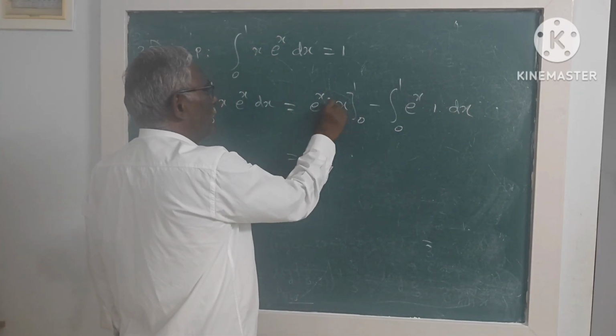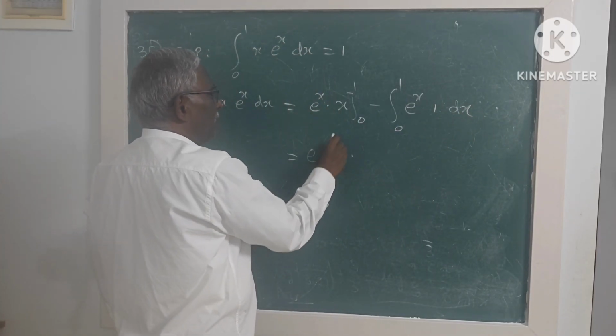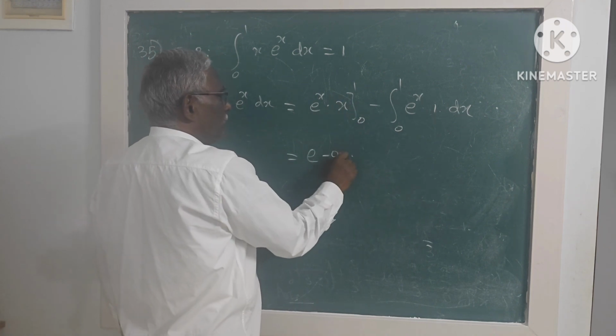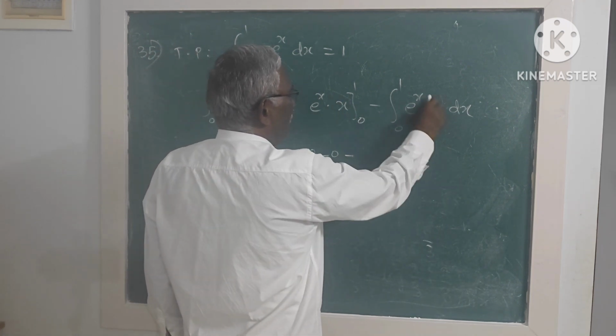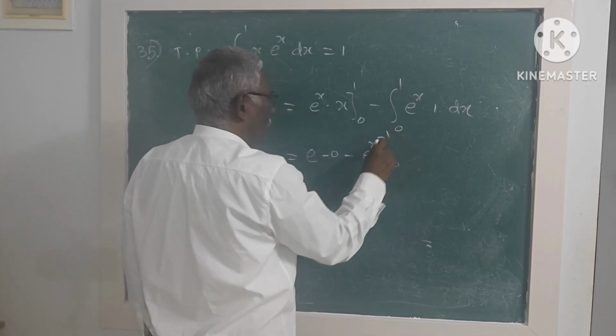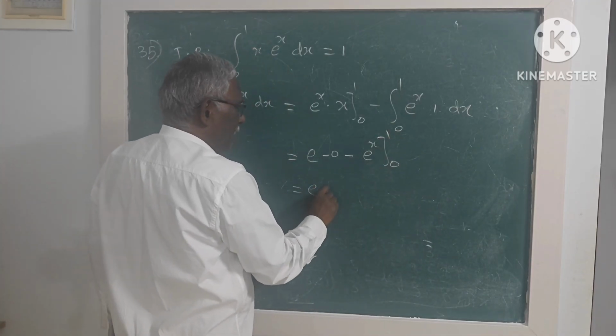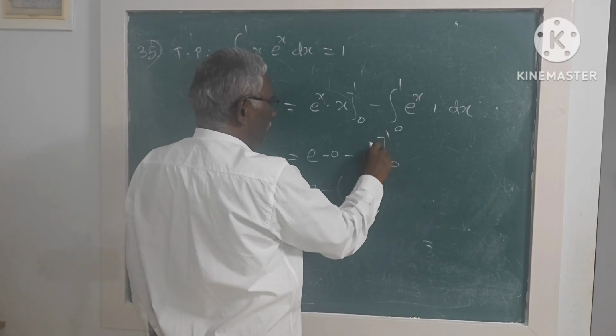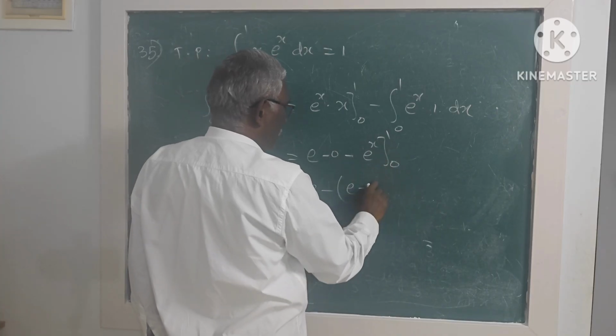If you put x is 1, it will become e; if you put 0, 0. Minus, if we integrate e power x only, it will come 0 to 1. So e minus of e minus e power 0 is 1.